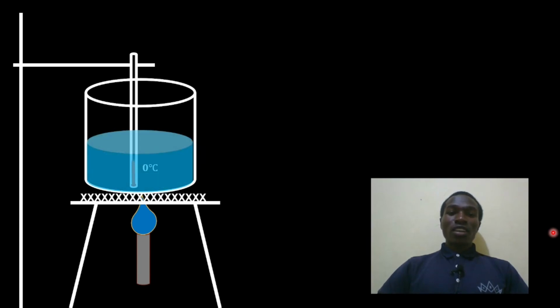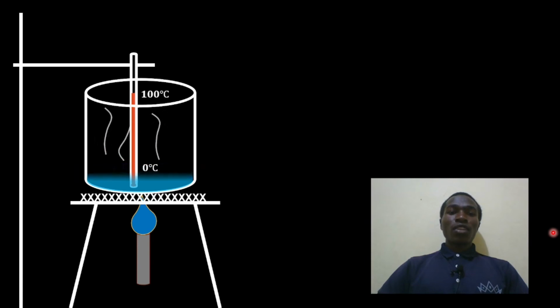Then the temperature rises gradually throughout the liquid phase. When it reaches 100 degrees Celsius, once again the temperature remains constant until all the liquid has evaporated. Then the temperature now picks up and rises gradually.